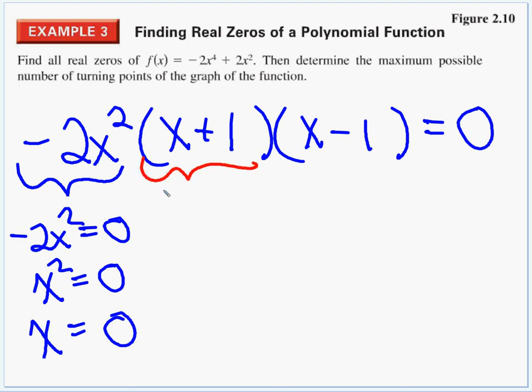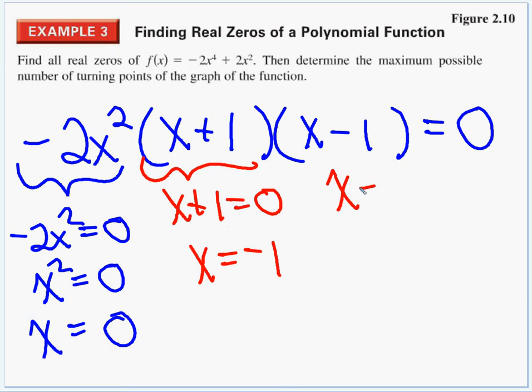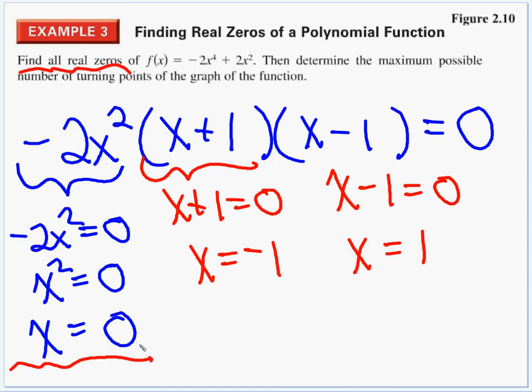If we set x plus 1 equal to 0, we get x equals negative 1. And here we'll set x minus 1 equal to 0 and get x is positive 1. So we found the real zeros. These are our solutions. If we put a 0 back in the original, a 0 pops out. If we put negative 1 or positive 1 back into the original, a 0 pops out. And these are points that would help us sketch our graph.